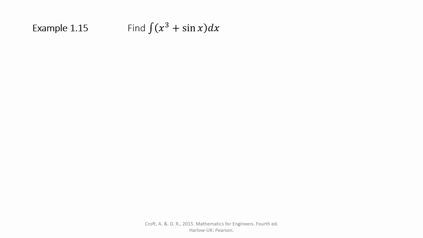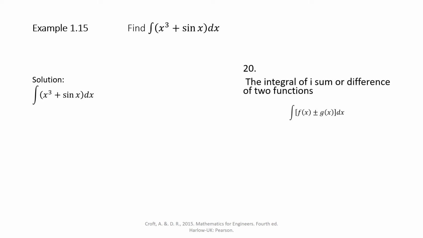Another example, when the integrand is the sum of two functions. For this we have rule 20. If you see your formula sheet, I have uploaded the formula sheet both for integration and differentiation. You can pick it from the Moodle. So f of x and g of x are two functions.